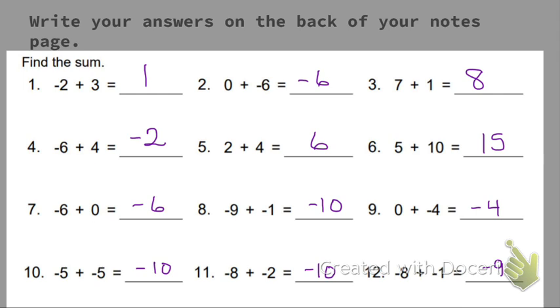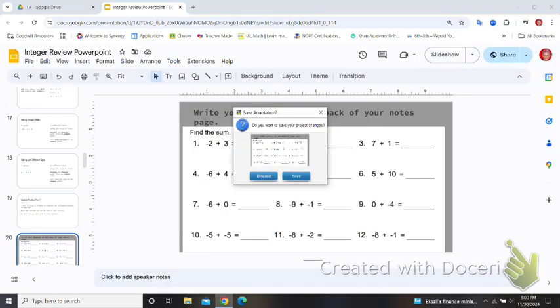So personally, I trust my brain a lot more than I trust my finger. Not that the calculator is going to make a mistake, but if I accidentally push a wrong button, it certainly could. So trust your knowledge. All right.